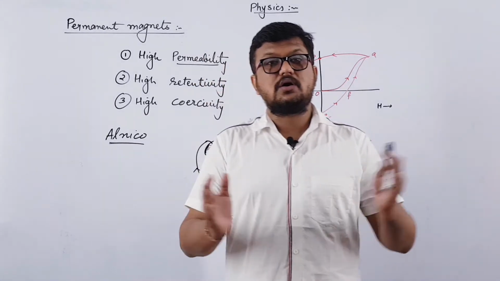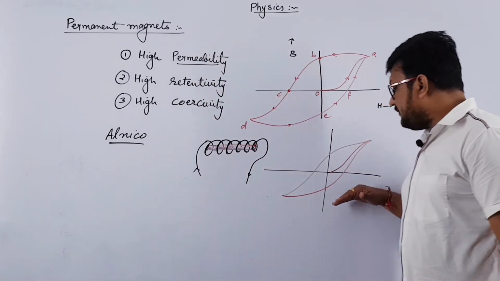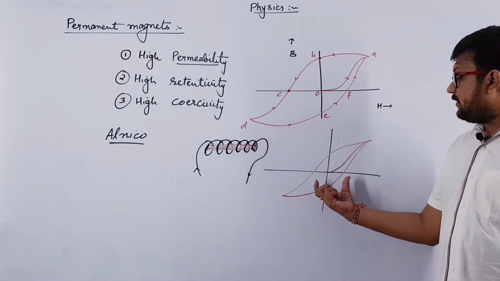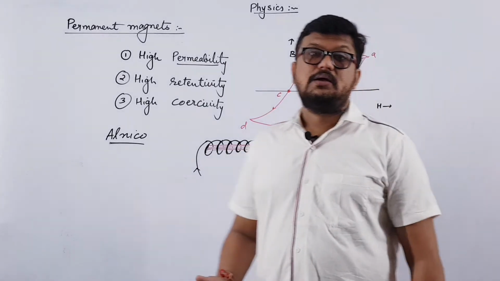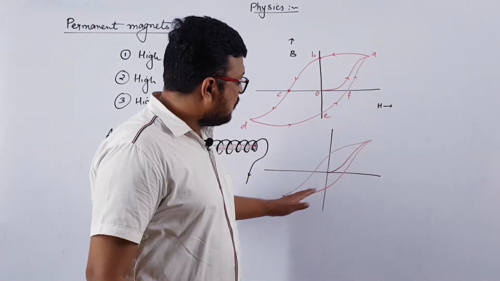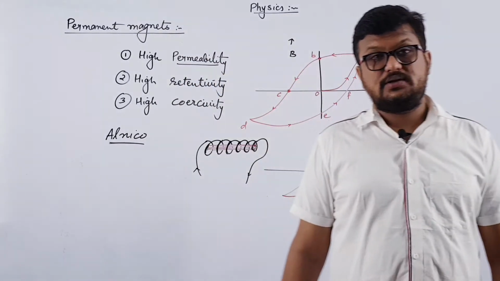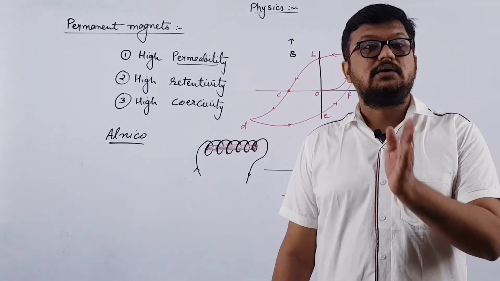But for a broader curve, there will be a large amount of energy loss, right? So here, this figure is suitable for producing electromagnets. For electromagnets, the hysteresis curve should be as narrow as possible, right? The area of this curve will represent the loss in energy due to magnetization and demagnetization of material, due to eddy current, right?